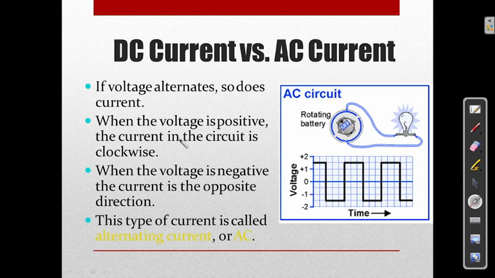When the voltage is positive, the current in the circuit is clockwise. If the voltage is positive, then the current is clockwise, which means here. When the voltage is negative, the current is in the opposite direction. Opposite direction means this is the opposite direction.